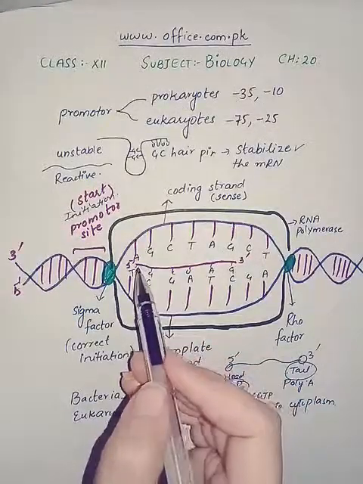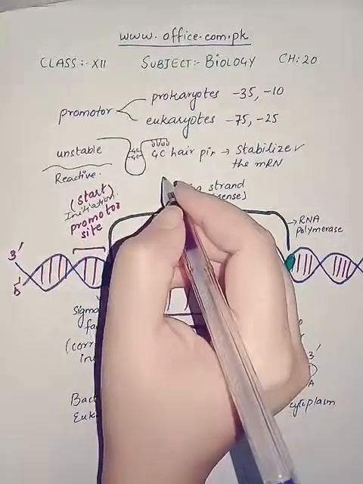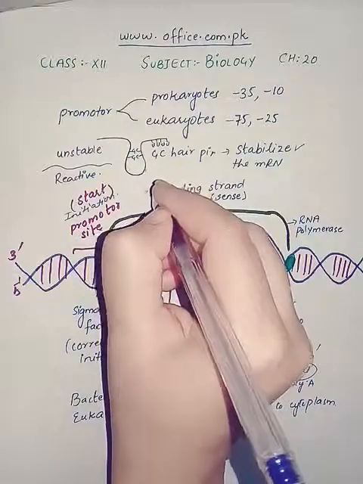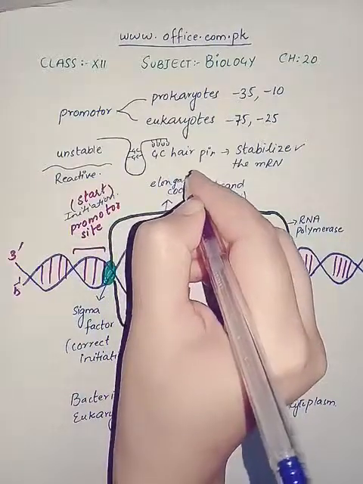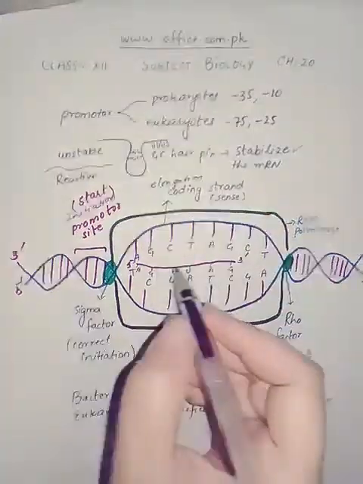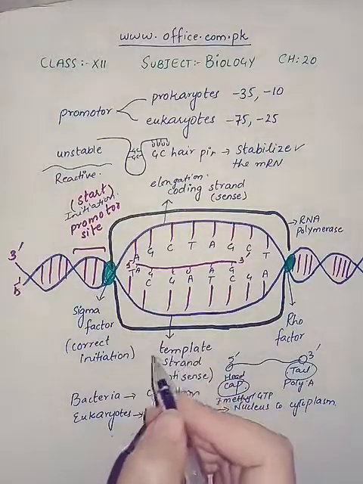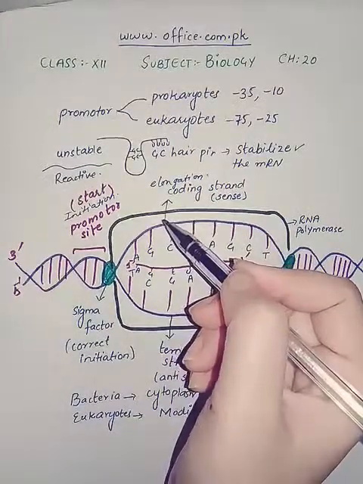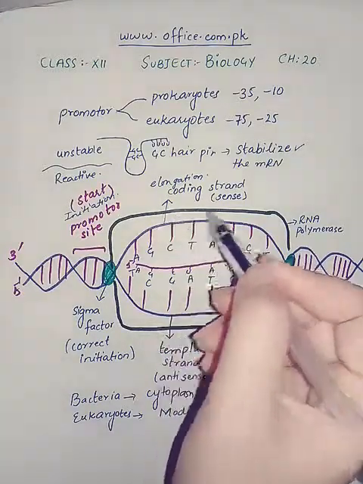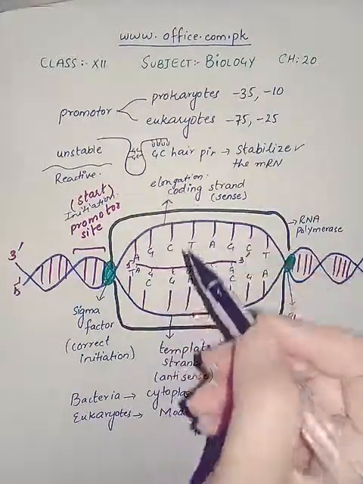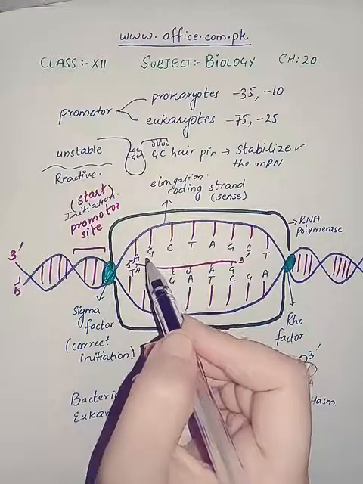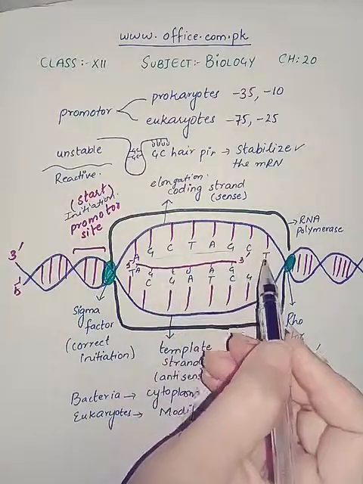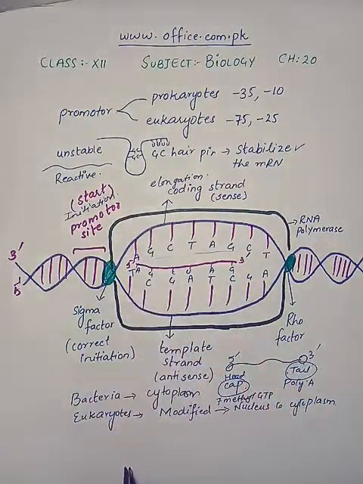Then the next process is elongation. Elongation will be carried out according to the sequence of the template strand, because the template strand is complementary to the coding strand. If we want to copy this strand, we will use the template strand.